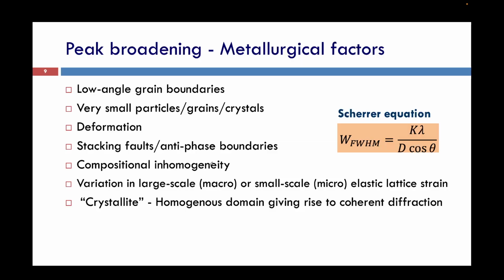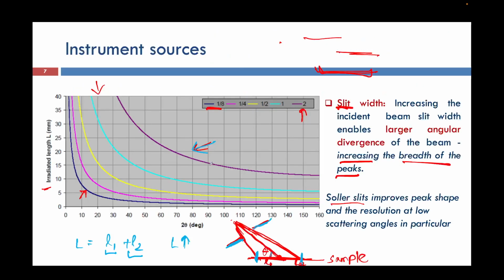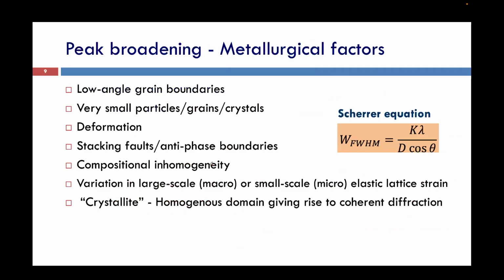We got introduced to that. Now coming to the second factor. Remember, the first factor contributing to the peak broadening was instrumental broadening, or the X-ray optics part, where we saw that due to slit width some amount of broadening is associated.